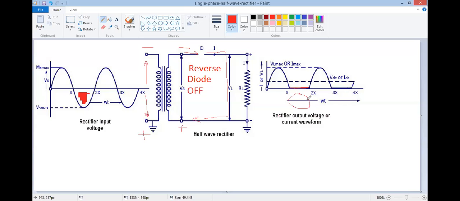Okay. So in positive half cycle, diode is forward bias. Hence the diode is on, current is flowing through the diode. That's why current is appearing at the output of the load. So positive half cycle appears the same at the output.